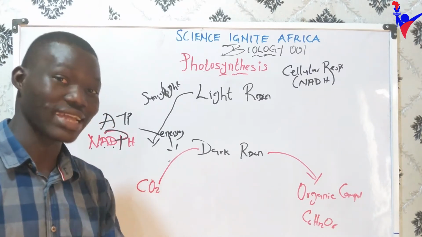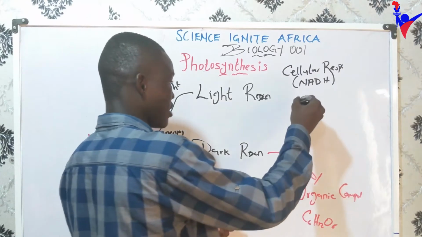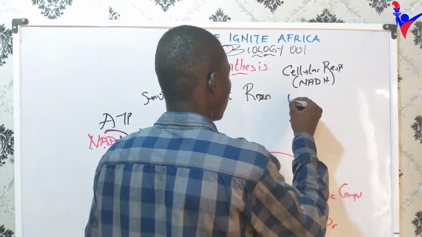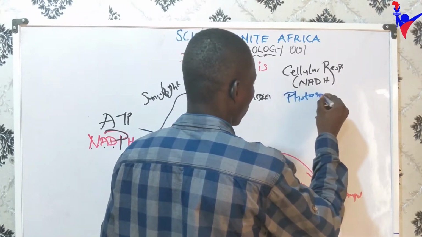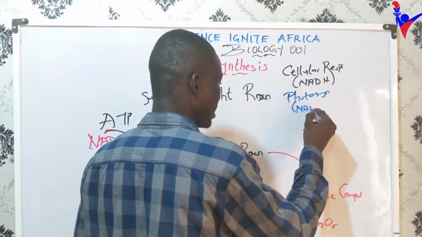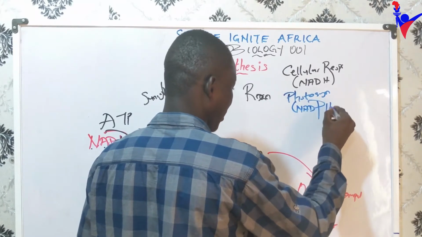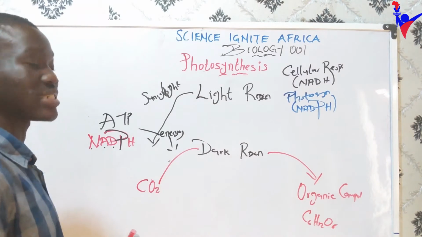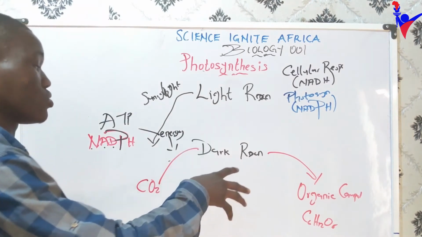You know what to pick? NADPH. In photosynthesis, energy is stored temporarily in what? NADPH. I'm writing that P very well so you can see it. So that's what is happening in the light and the dark reaction.